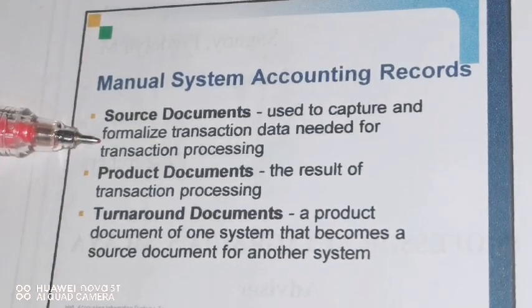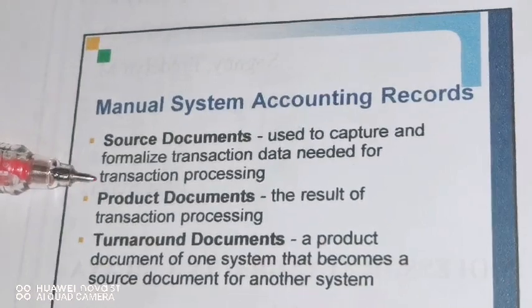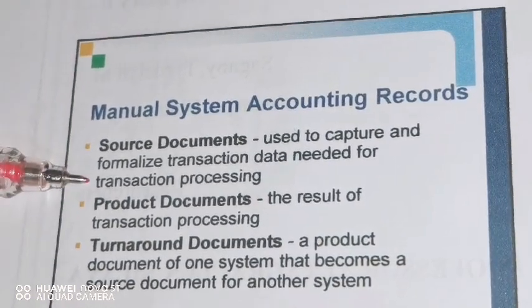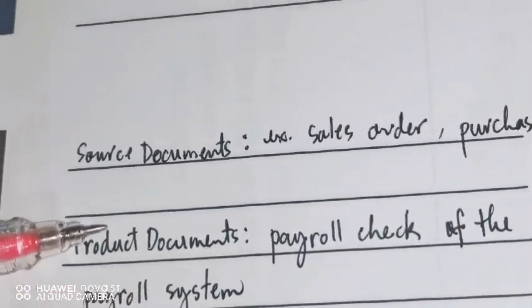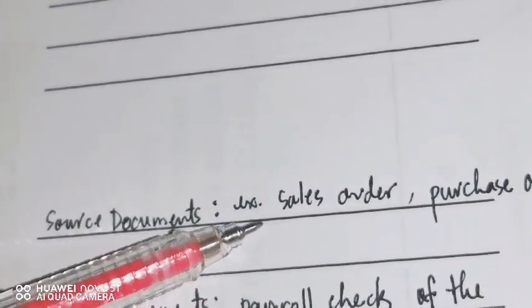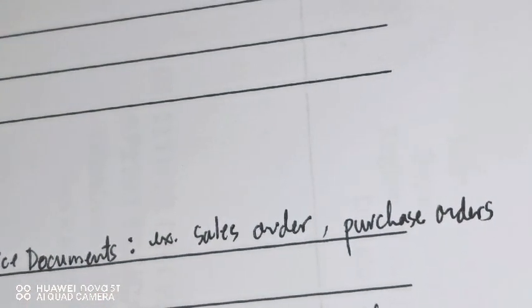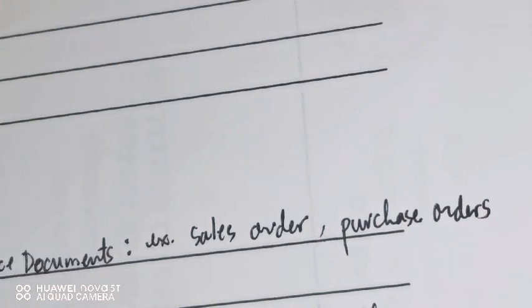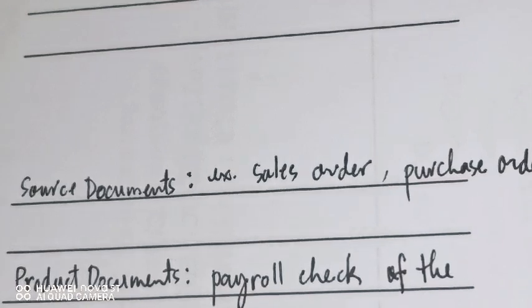So here, in accounting information system, its definition is it is used to capture and formalize transaction data needed for transaction processing. So what are the examples of these source documents? These are sales order and purchase order, 'di ba? For us to record or to trigger the recording of a transaction, dapat may basehan tayo.